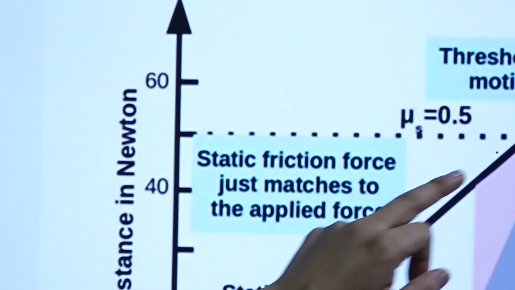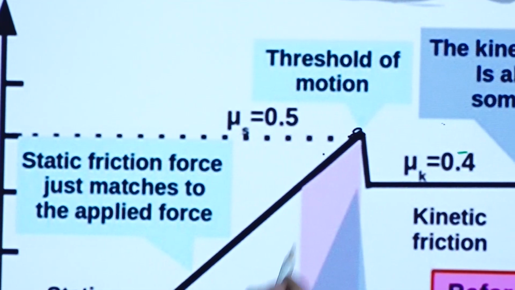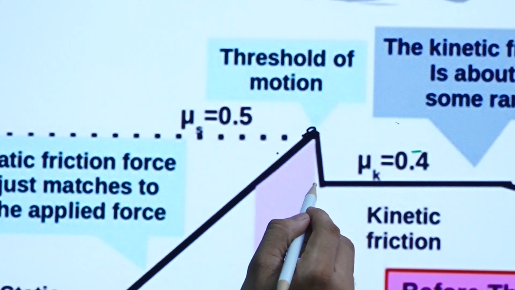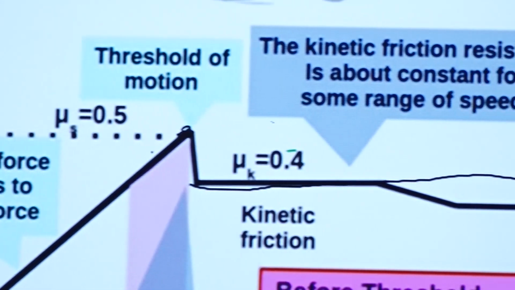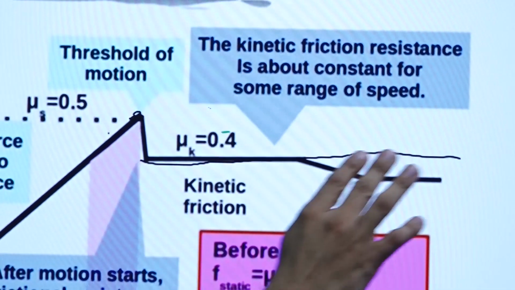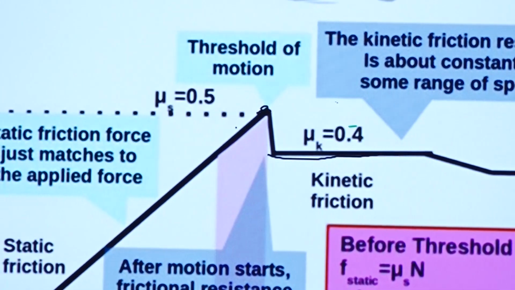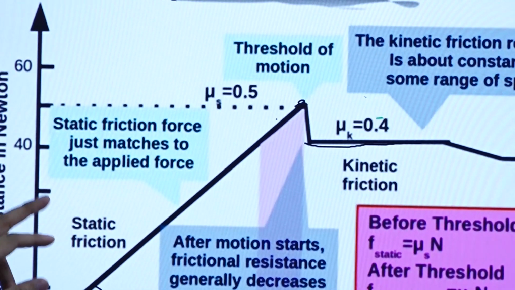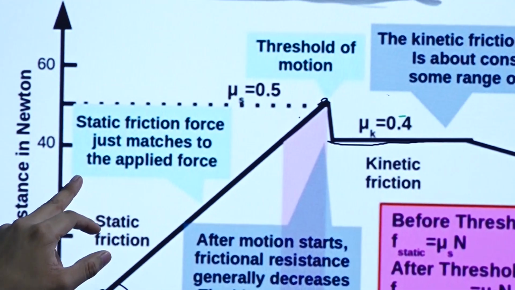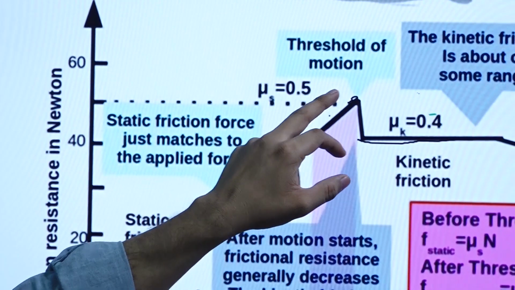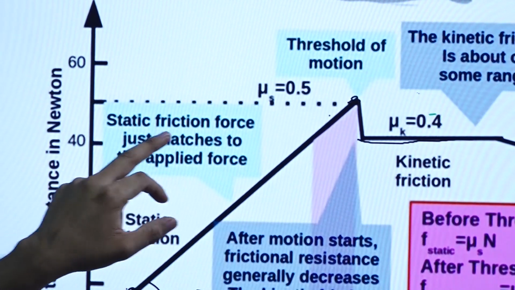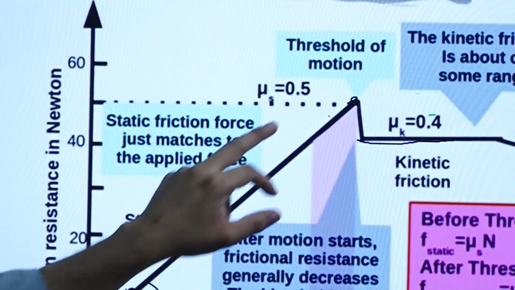As you can see here, after the threshold limit, the friction is decreasing and then it is becoming constant, right? So after the threshold limit, friction normally remains constant. Here you can see the static friction force just matches the applied force. Up to here, the static friction force will be equal to the applied force.